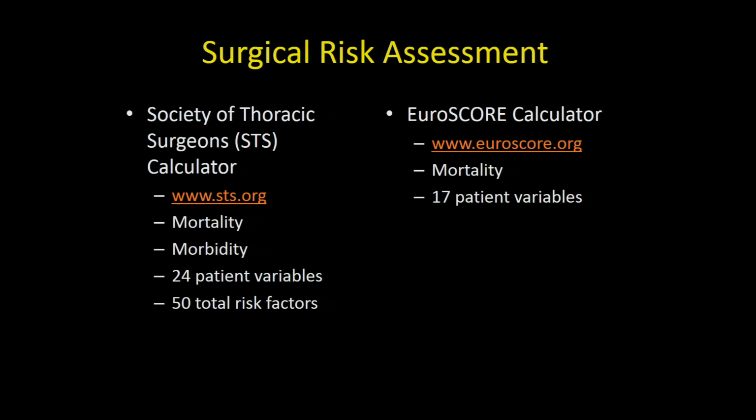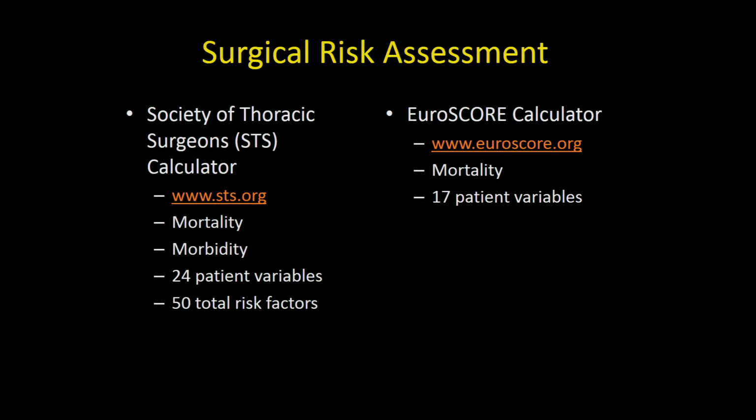It's basically this huge database where, after every cardiac surgery, data is entered, and they have developed an algorithm that looks at patient characteristics and comorbidities that will predict negative outcomes, like mortality, morbidity, prolonged ventilator, the risk of developing renal failure, et cetera.